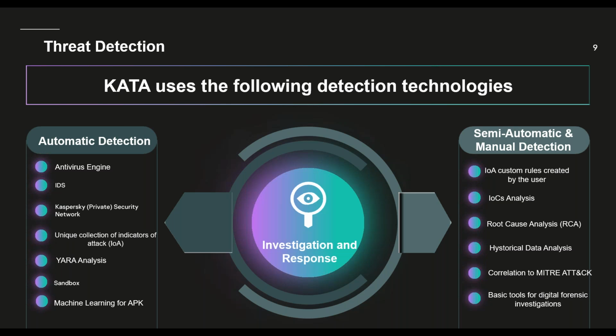And we're going to have some basic tools for digital forensics investigations. This is very important because if we do have an organization that has a cybersecurity team and they have the Kaspersky anti-targeted attack platform, they're going to be able to do a lot of different things like digital forensic investigations, incident response, and so on.